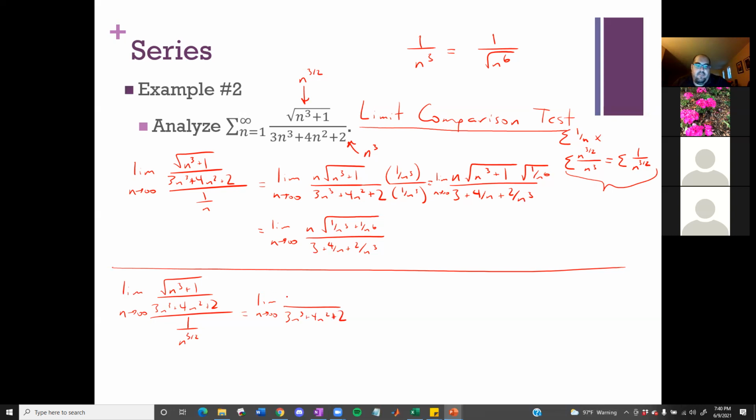This is now going to be, and I'm going to rewrite it a little bit differently, square root of n cubed times the square root of n cubed plus 1. So now from there, I get this limit.